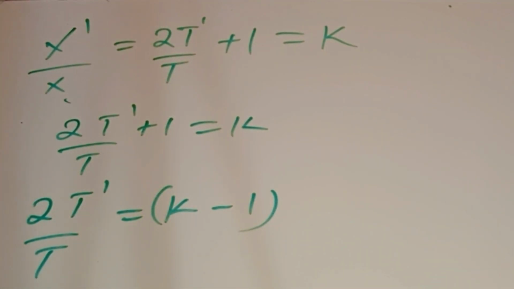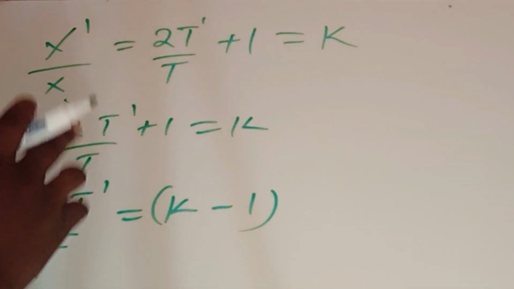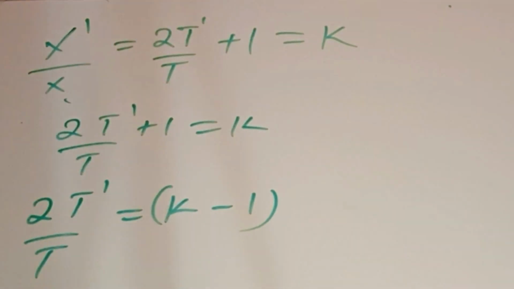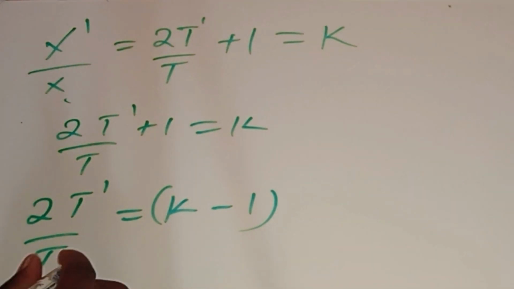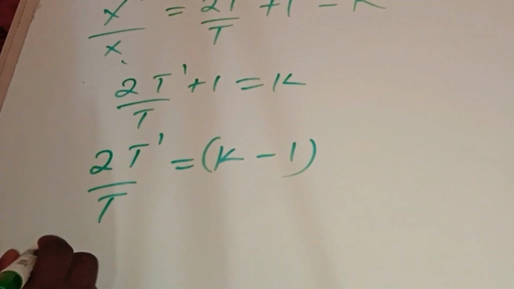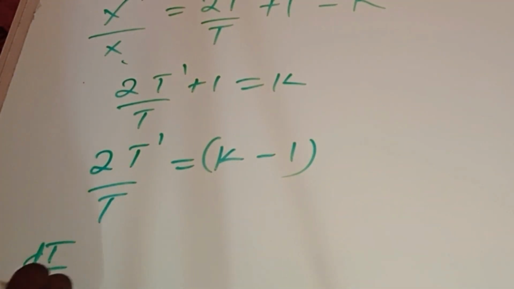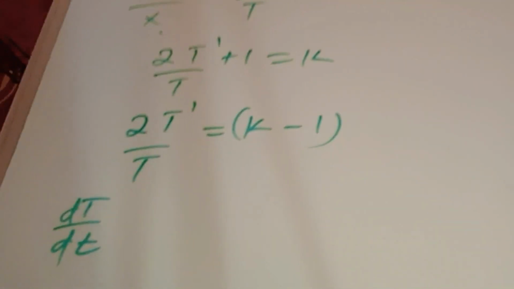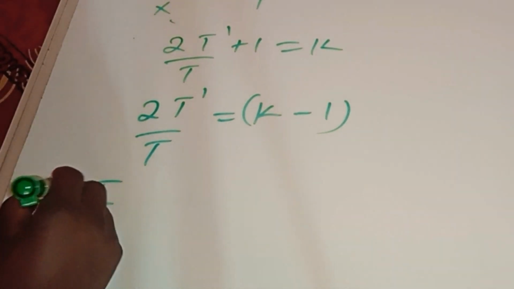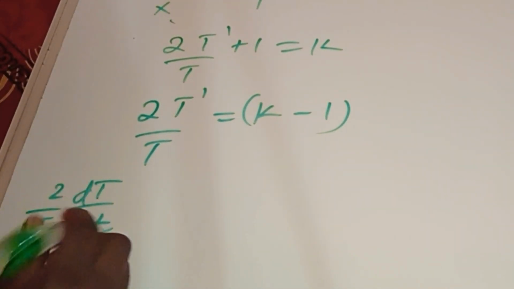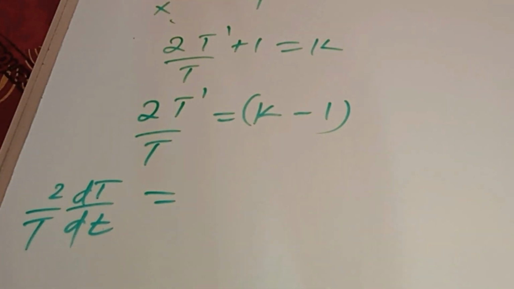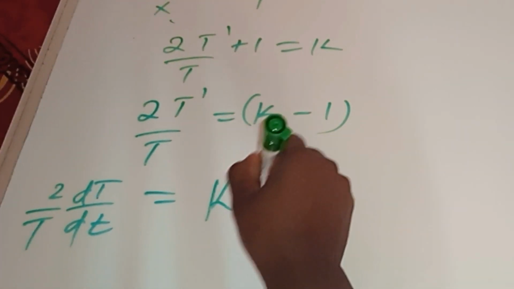Are we together? So you bring 1 to the other side, and t prime is simply equal to dt over dt, t small. So 2 over t is equal to k minus 1.